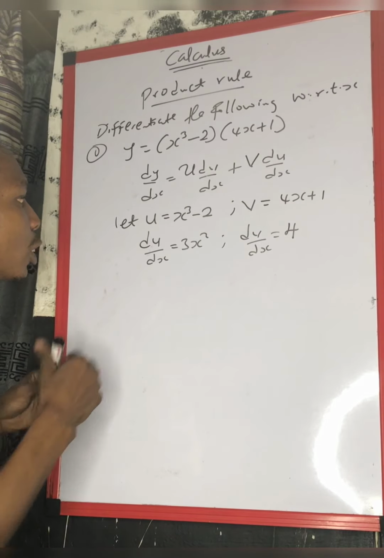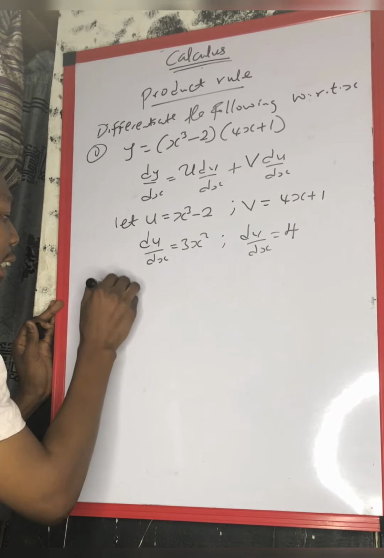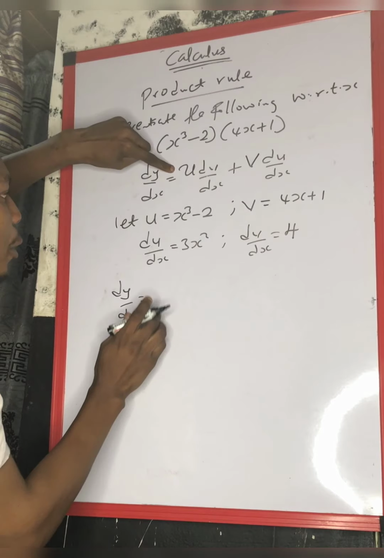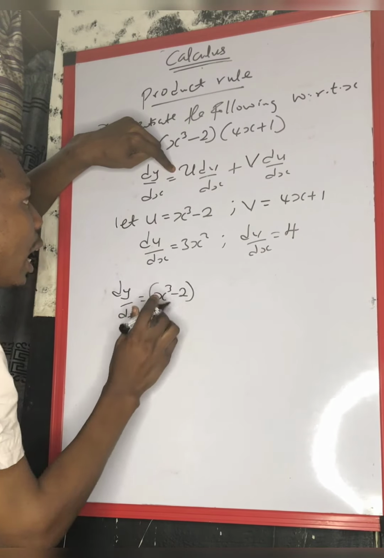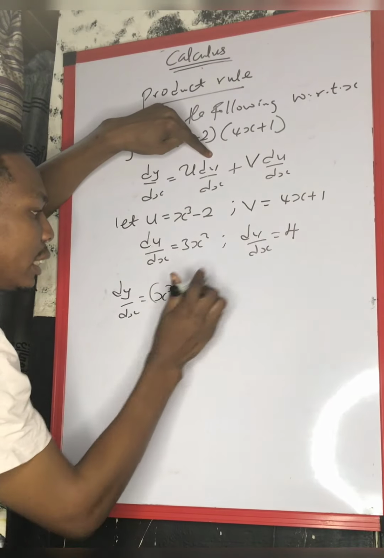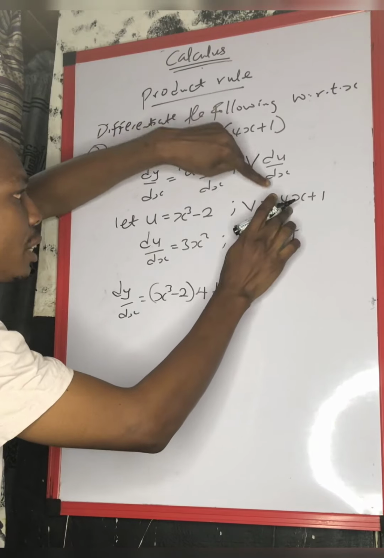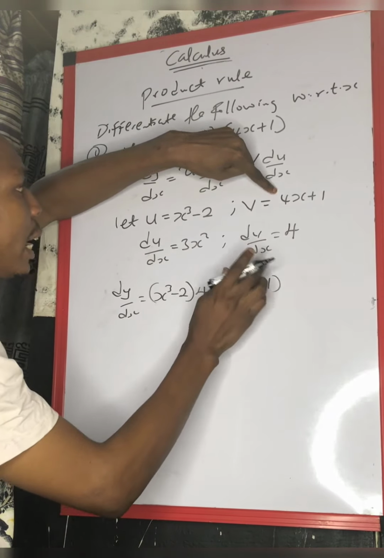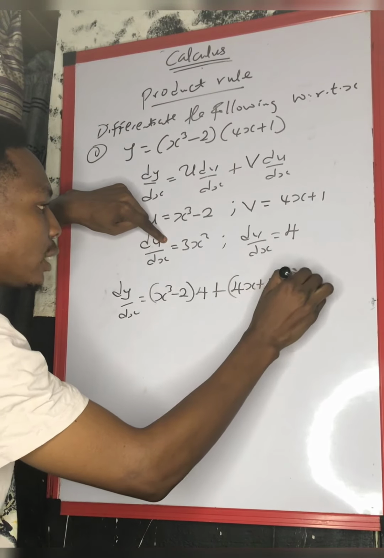This time I can substitute everything into this formula to get dy/ds. What's our u? Our u is s cubed minus 2, and dv/ds is 4. Then plus our v, which is 4s plus 1, and du/ds is 3s squared.